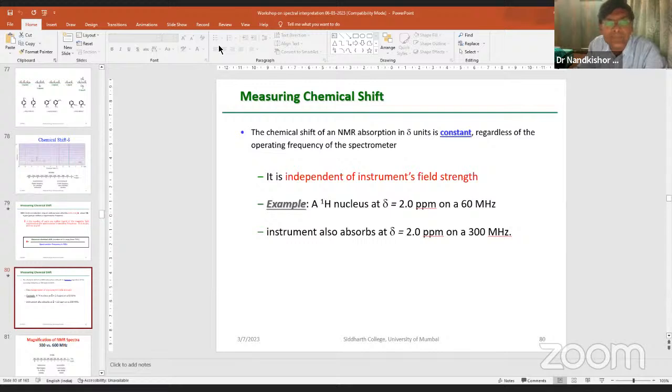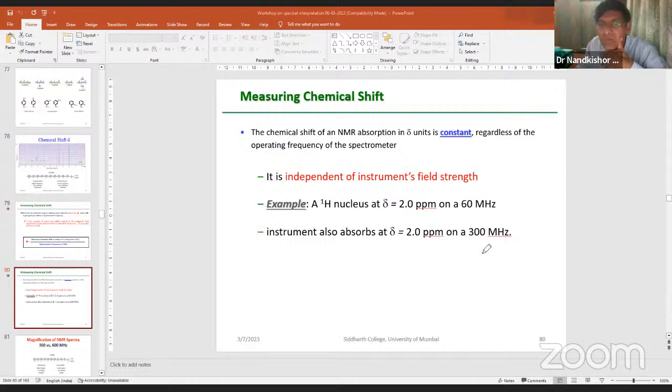Now look here. It says this delta unit is constant regardless of the operational frequency, that is, the instrumental frequency. If it is 100 or maybe 500, it will be constant. So it does not change the chemical shift value. For example, any nuclei having a frequency of 2 delta in NMR, recorded at 60 megahertz.